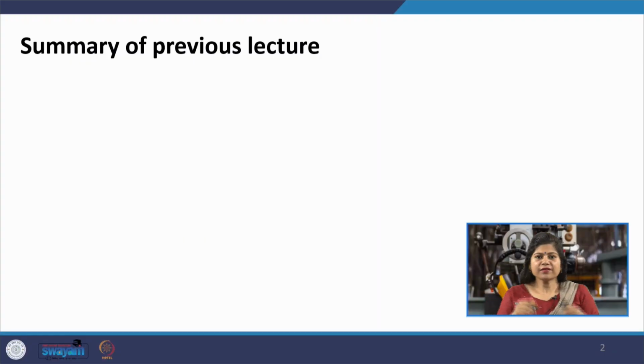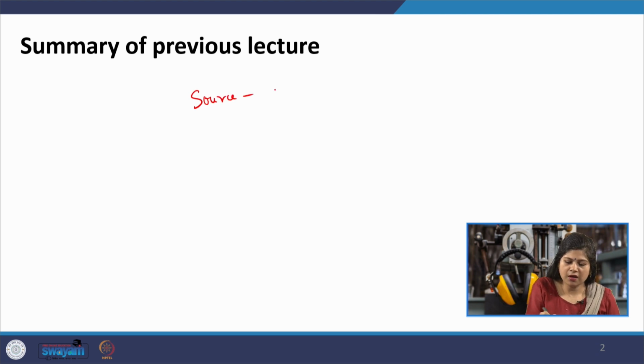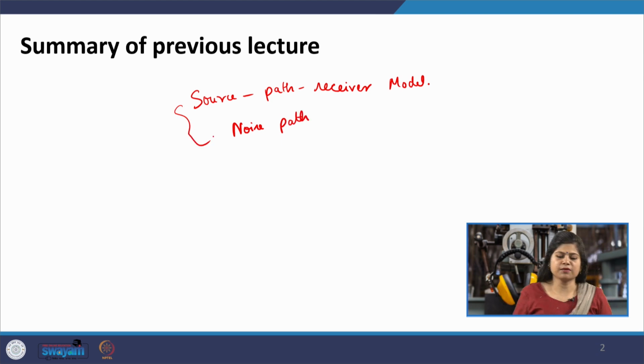So, we have started with a discussion on what are the various principles of noise control engineering, and based on that, various kinds of noise control strategies. Basically the source, path, receiver model for noise control, and the various methods within that, have been discussed.